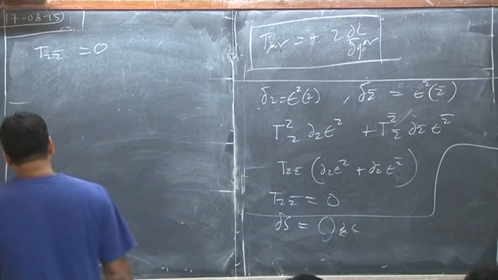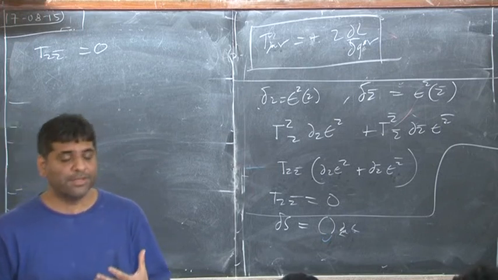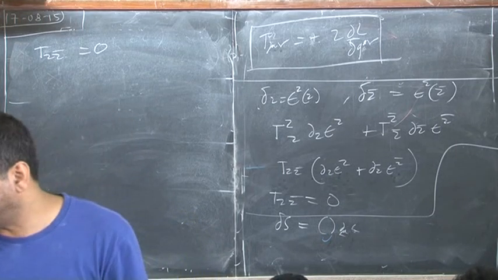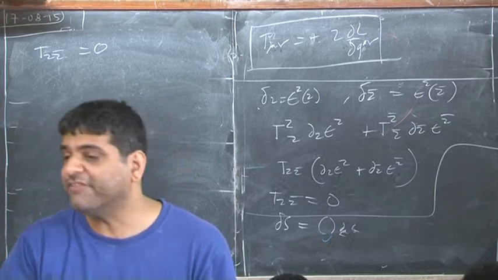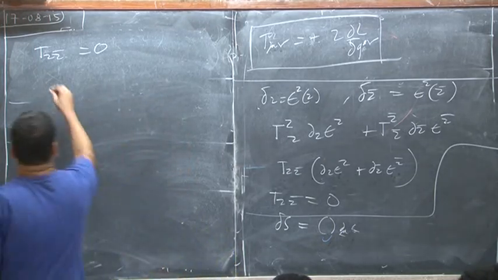Now we've got this T_{z\bar z} equals 0. That's nice. But I want to now compute the currents that we get for all the various symmetry operations of our theory. What are these various symmetry operations?